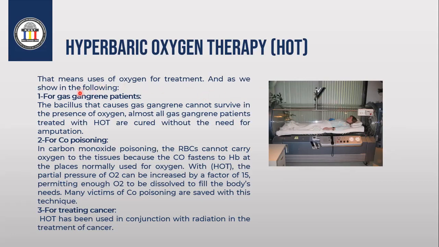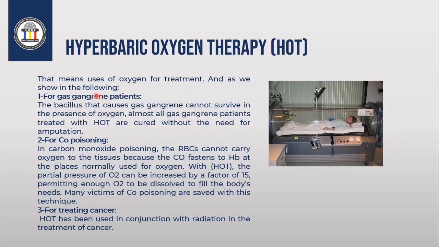This treatment is for gas gangrene patients, because the bacillus that causes gas gangrene cannot survive in the presence of oxygen. That means gas gangrene patients treated with HBOT are cured without the need for amputation. So there is no cutting of the legs because of the gangrene.